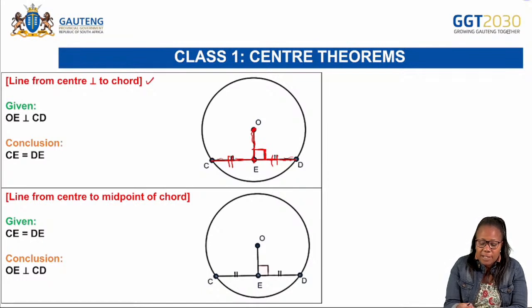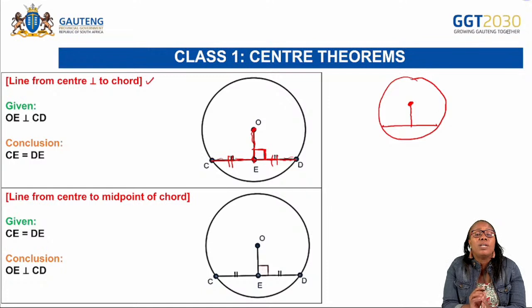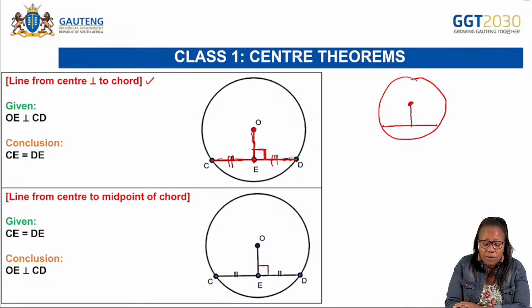Okay, for an example, if I just have a circle and a line from the center to a chord, and there is no indication of 90 degrees, grade 12, I cannot conclude any bisection. To conclude this theorem, 90 degrees must be there, or either a bisected line must be there, which is the converse of this.